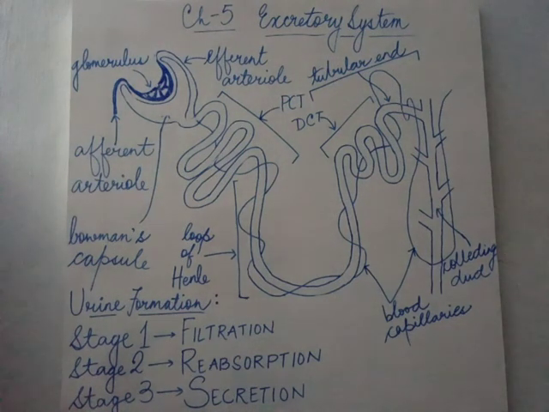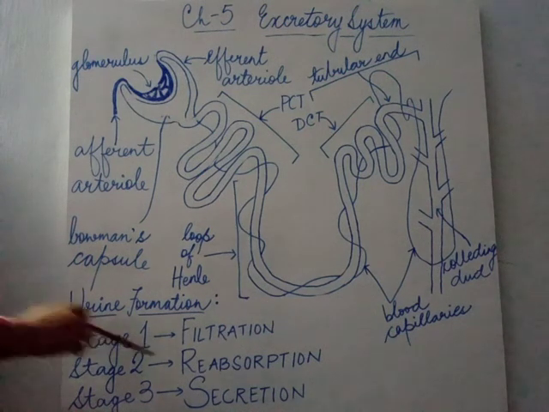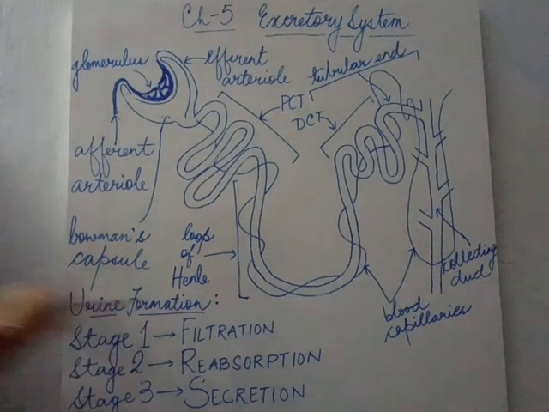This stage is controlled by various hormones. These hormones come through the blood to the tubular structure of the nephron, and they control stage 2, reabsorption.